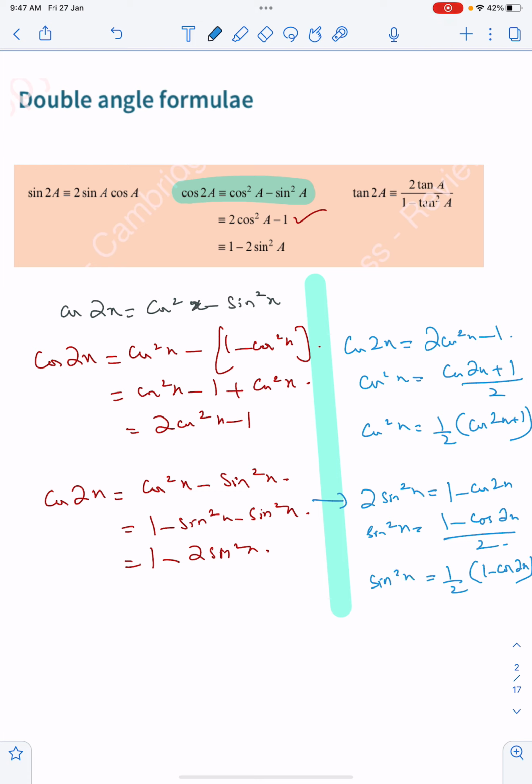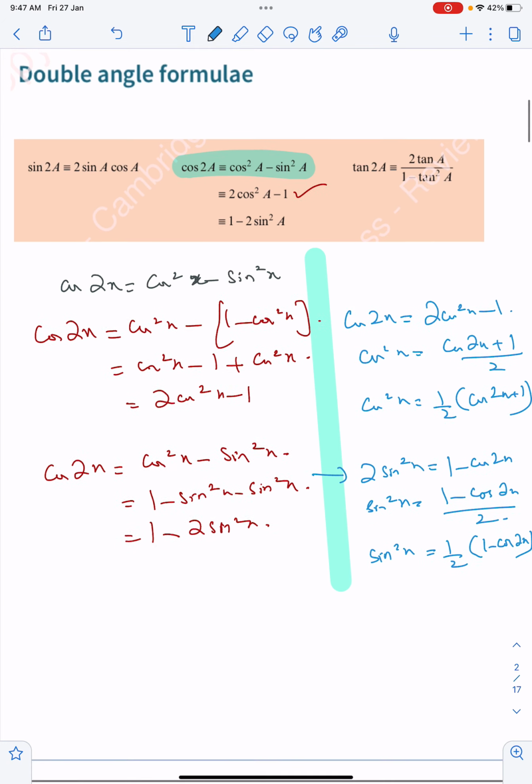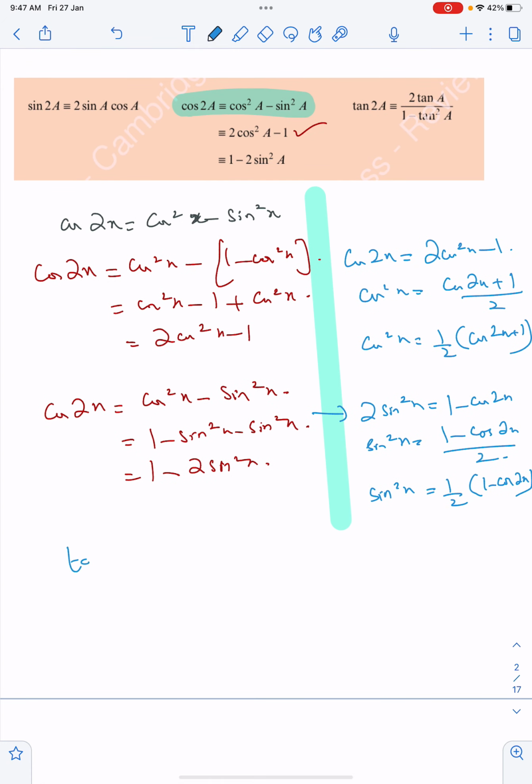So whenever we have to integrate sine square x, in place of sine square x you can always substitute this, and in place of cos square x you can always substitute this. Now if you have to integrate tan square x, we know the identity 1 plus tan square x equals sec square x.